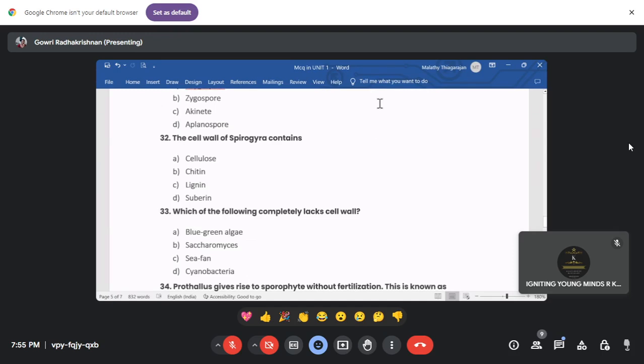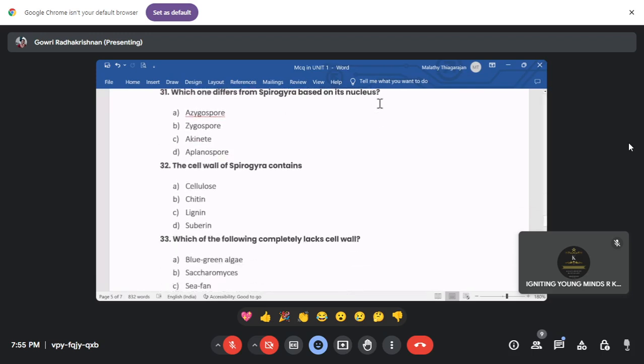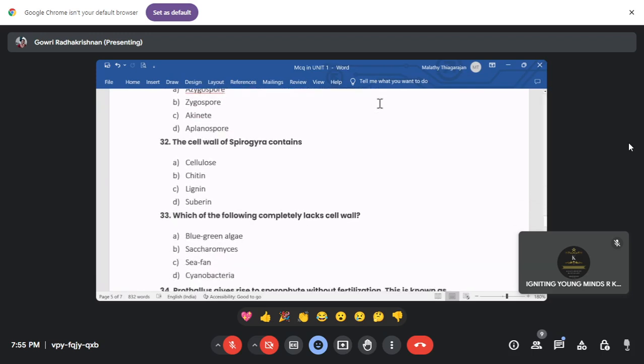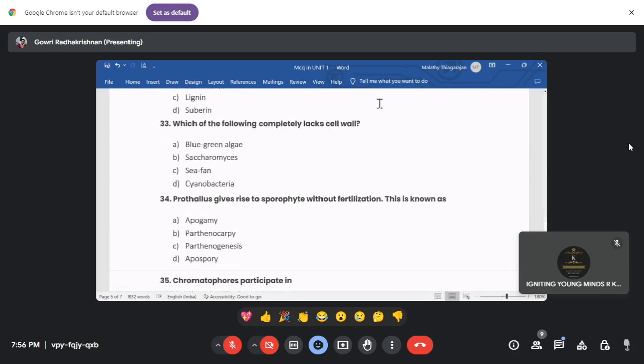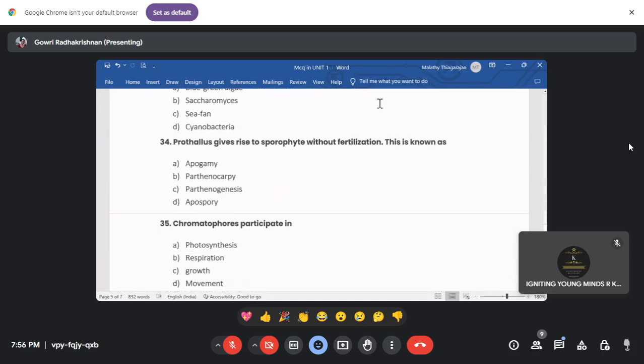The cell wall of Spirogyra contains? Cellulose, ma'am. Yes. Which of the following completely lacks cell wall? Cyan, ma'am.